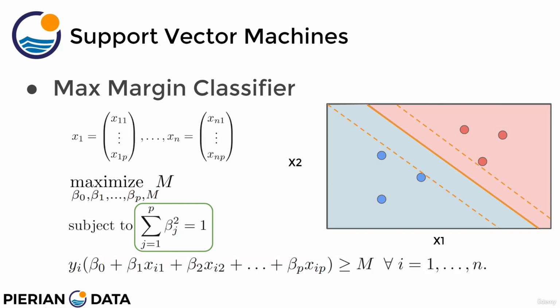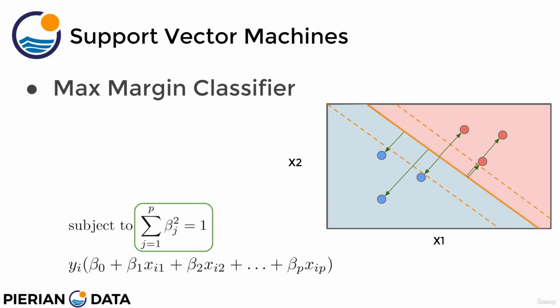We're also subject to this sum of squares for the beta coefficients being equal to 1. Now, this actually helps correspond to the other equation by determining that if you were to plug in the feature values into the equation below, if you're subject to beta squared and the sum of those being equal to 1, then y of i multiplied by these beta coefficients times the feature value gives you the perpendicular distance from the point to the hyperplane, and it ensures that that distance is at least as large as the margin itself.